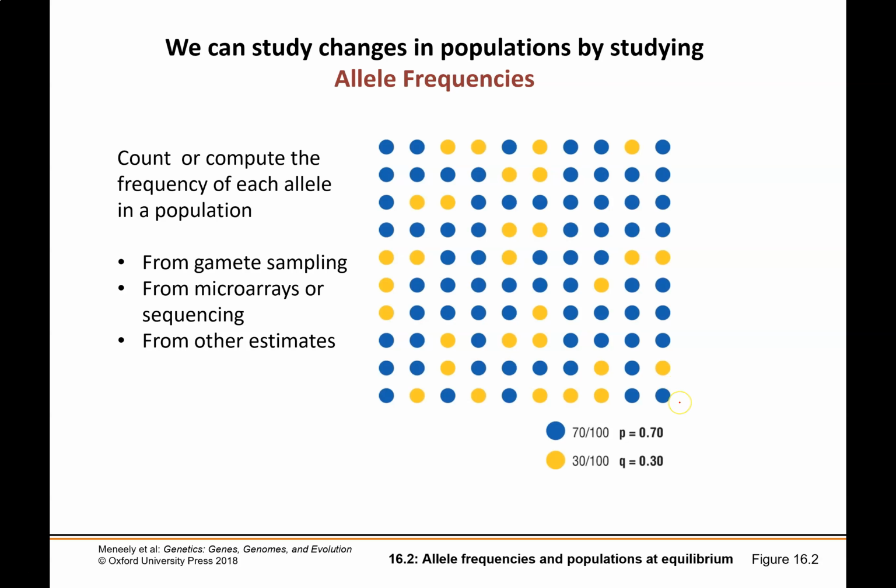Every individual has 2 copies of each allele, so this would represent 50 individuals. In this particular example, the frequency of the blue allele is 70 out of 100, or 0.7, and the frequency of the yellow allele is 30 out of 100 total alleles, or 0.3.